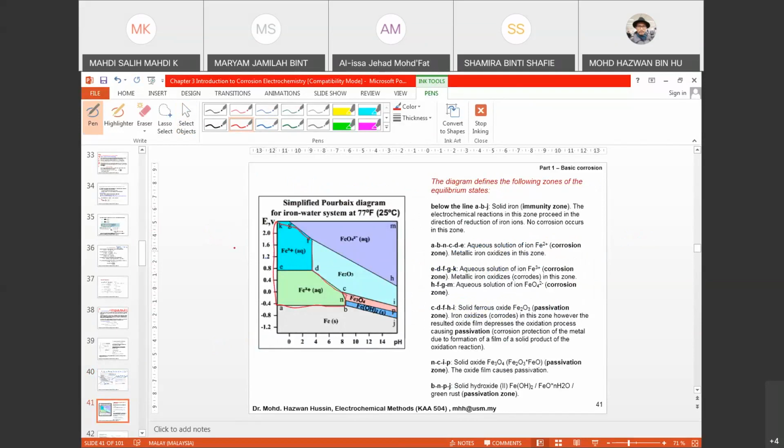So this region is known as active or corrosive. This region is known to be immune. And this region, let's color it with another color.